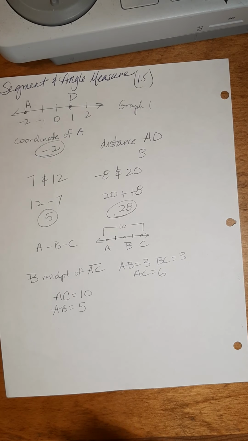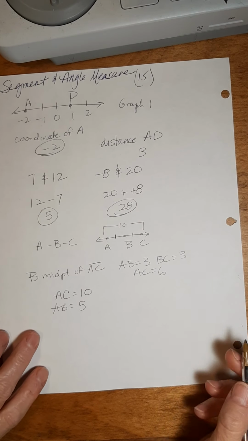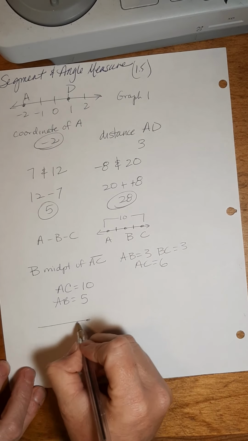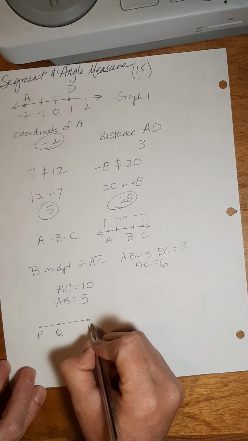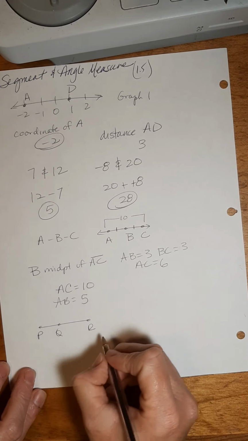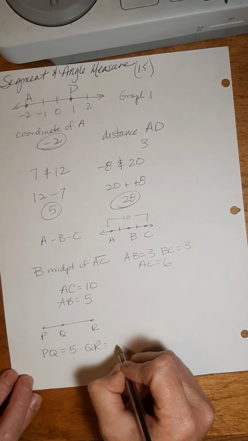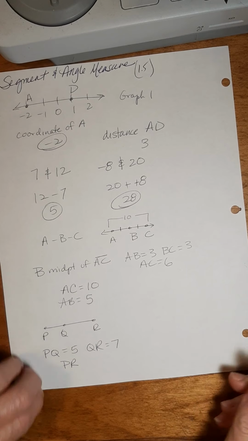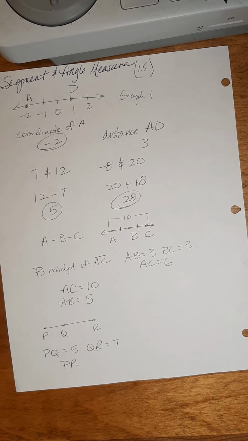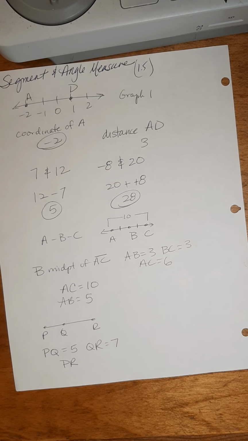But let's say that you had, like they give you a segment. I'll just say PQR. If PQ is 5 and QR is 7, how could you find PR? And of course, you just add it together.